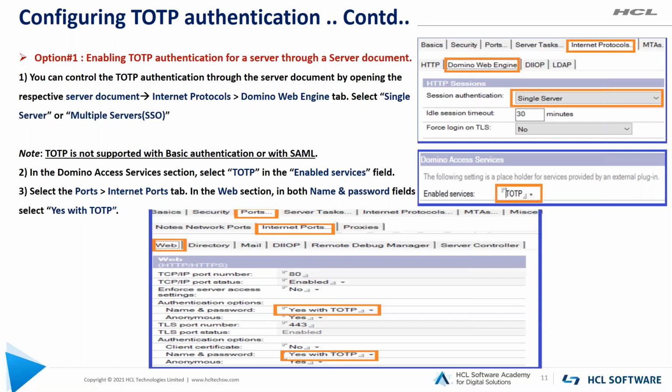Now go to the Domino Access Service section and select TOTP in the enabled service. Next step is to enable TOTP in the web section of this server document. To do this, go to ports, internet ports. Under the web tab, select yes with TOTP for name and password authentication options. Next slide.